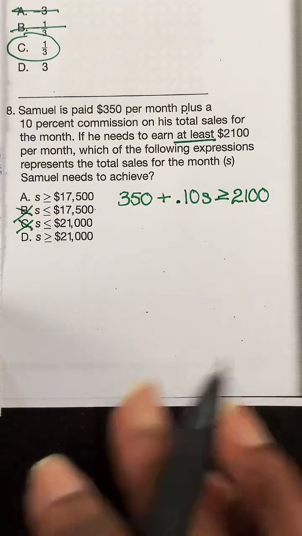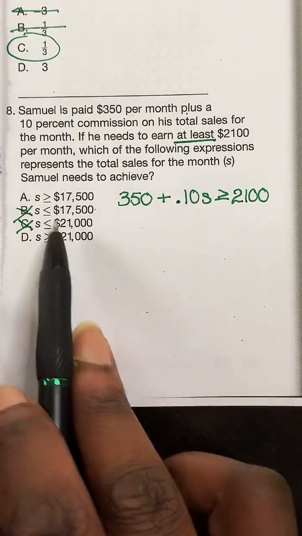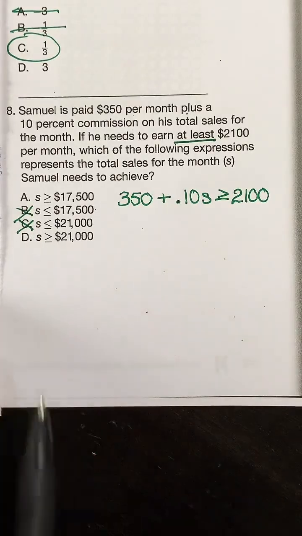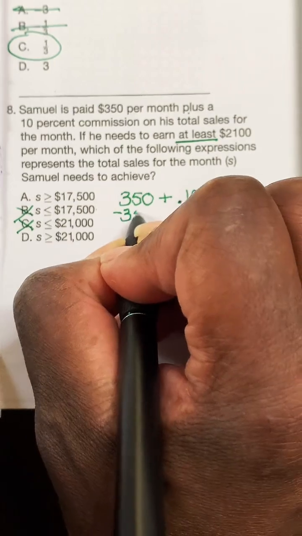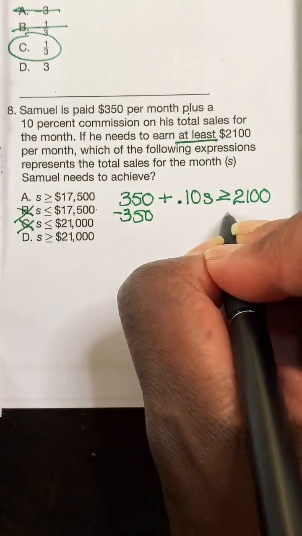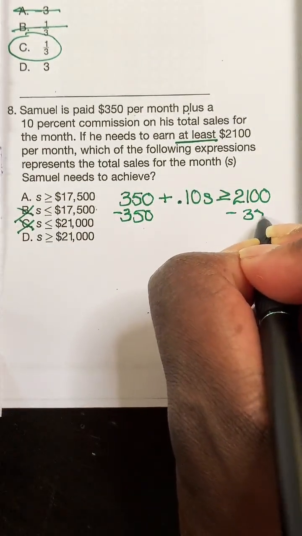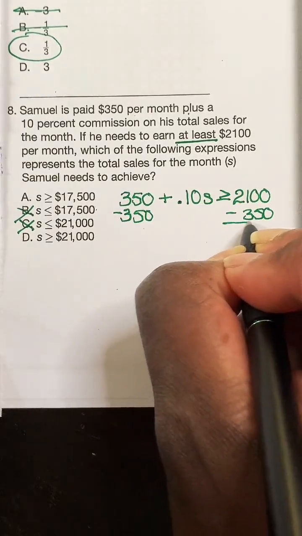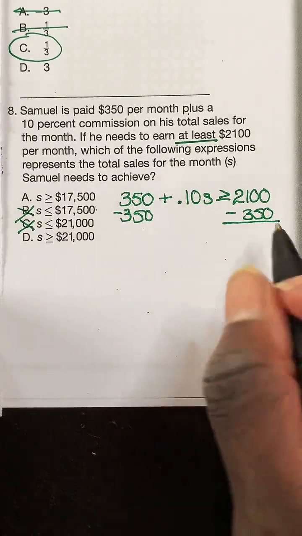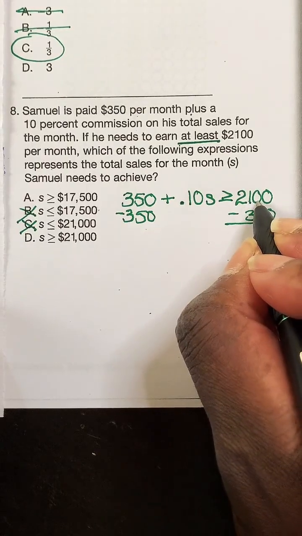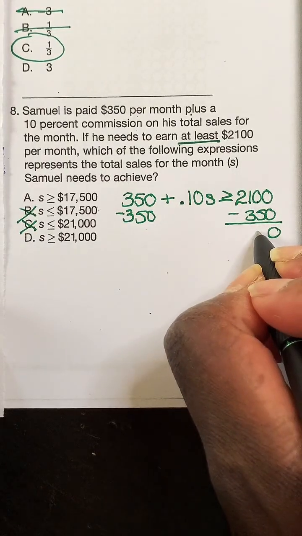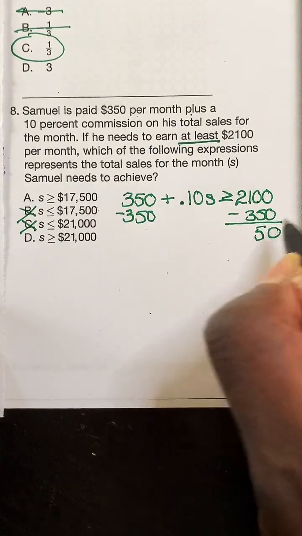So now we're trying to solve this for S, as you notice, for your answer choices. So first thing, let's get rid of this 350. So we're subtracting 350. And when we subtract 350, we got our 0. We borrow from that 1 to make this 0 into a 10. So 10 minus 5 gives me 5.